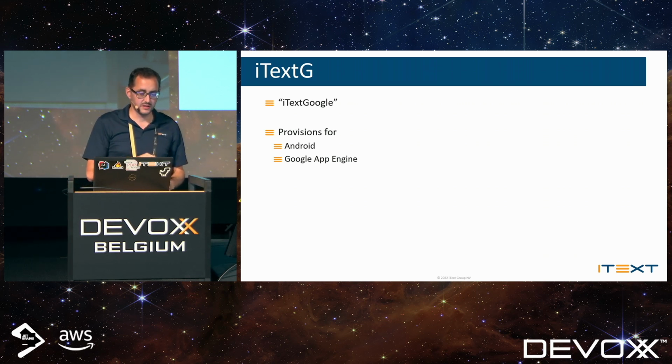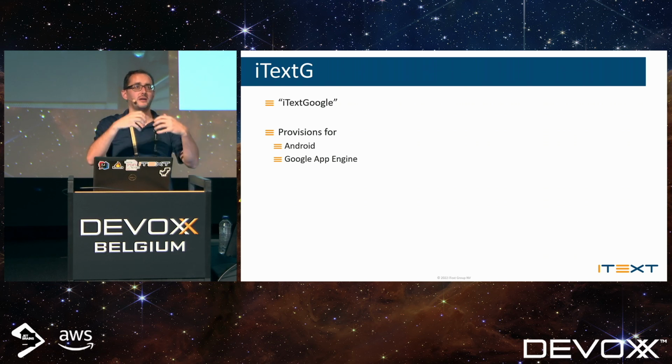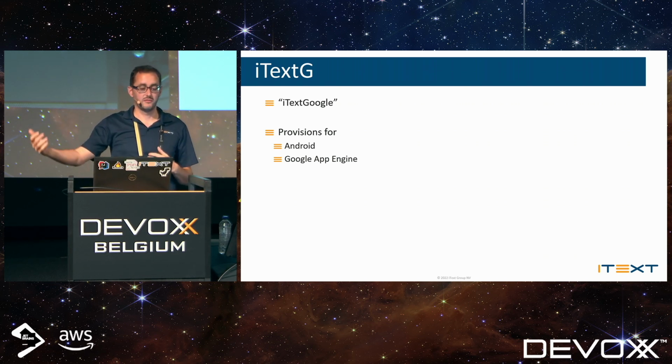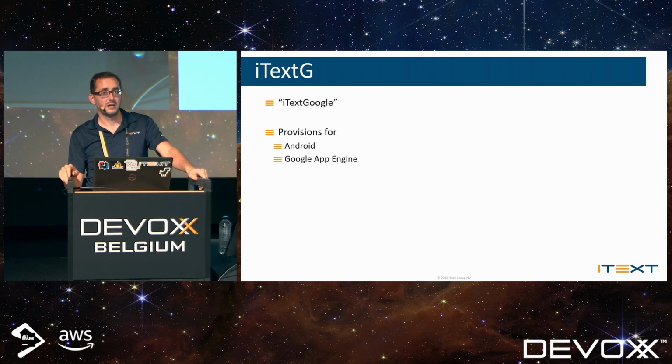But most provisions overlap or complement each other very nicely. So we chose to combine the version that we would launch for iText Google, and then we would just have one extra jar file to build. And the iText Google name just stuck around, and we just named it iText G because it's an OG. So yeah, that's iText G's history a bit.